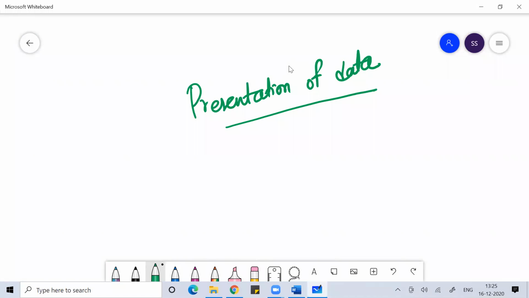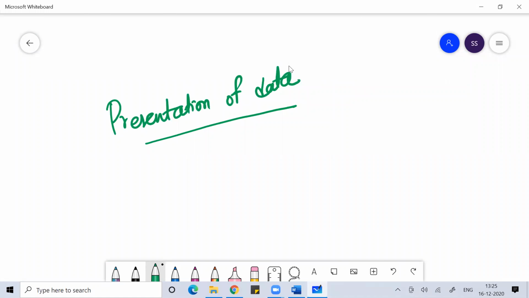When we are talking about the presentation of data, because ultimately everything depends upon the presentation of data, we actually use Tableau. In the corporate world, we basically use Tableau to present the data.